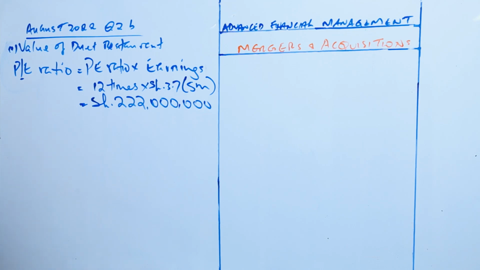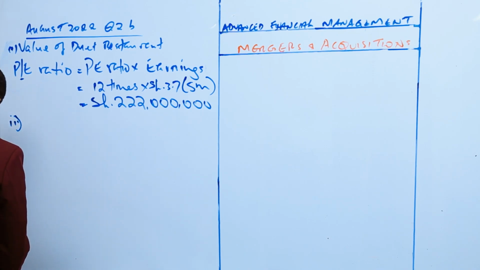Then what will be the value of this company? Roman number 2, we have to calculate the value of this company using the dividend growth model.